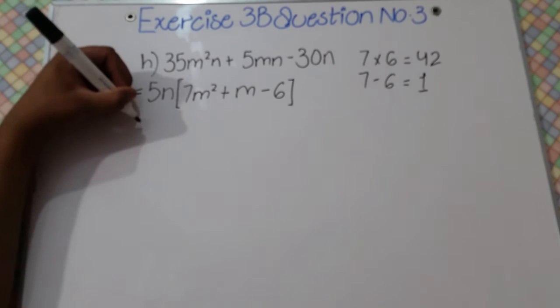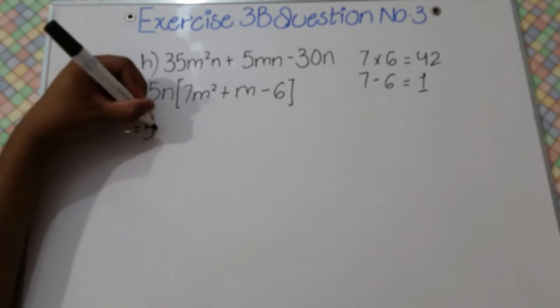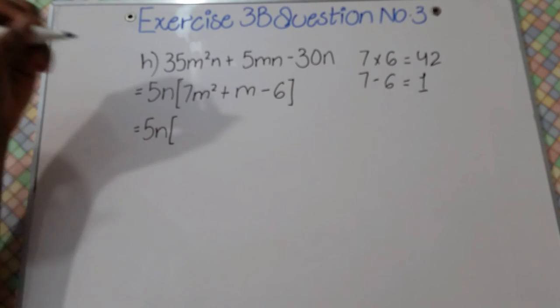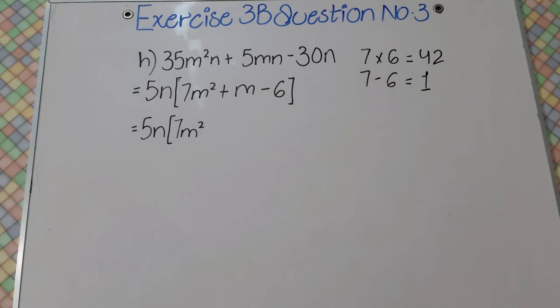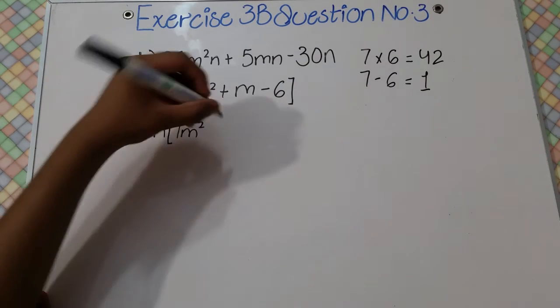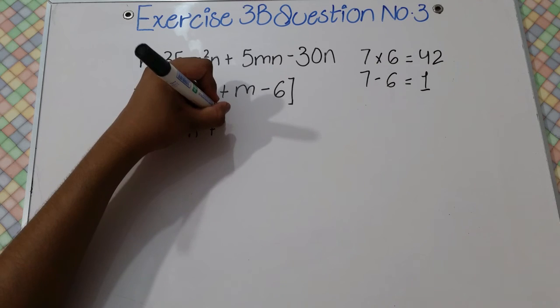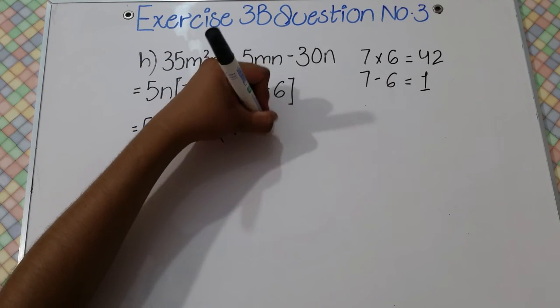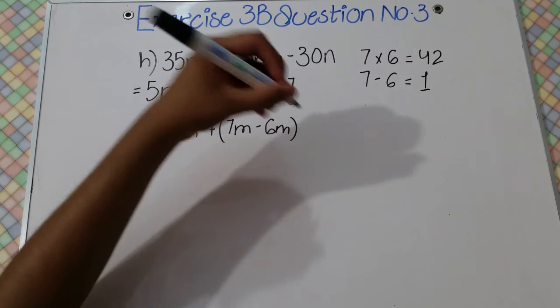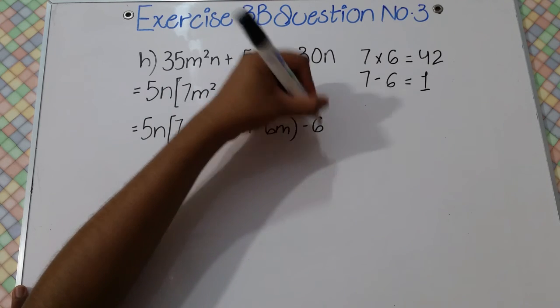So 5n, brackets, now 7m square plus 7m minus 6m, bracket minus 6.